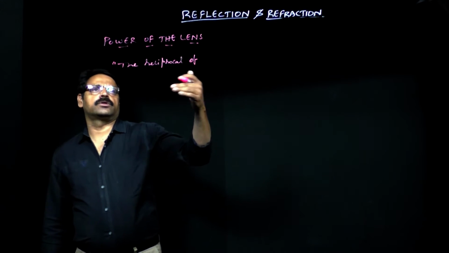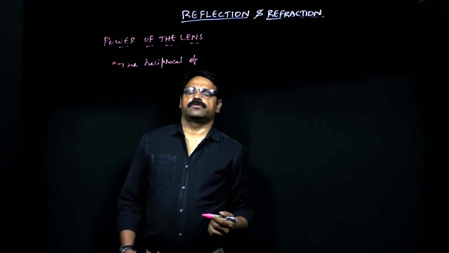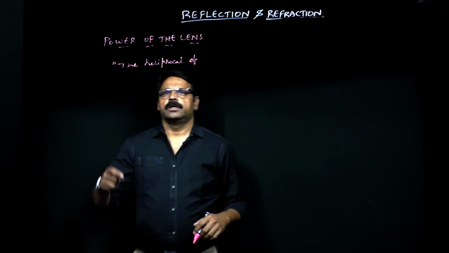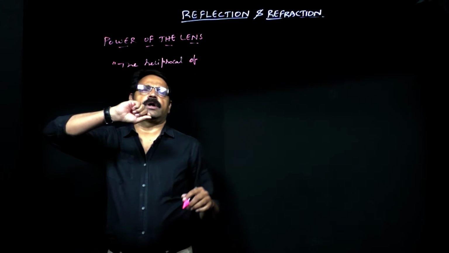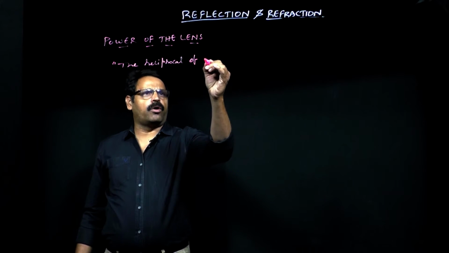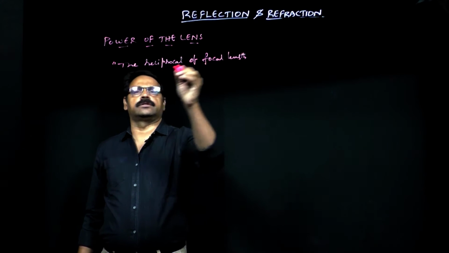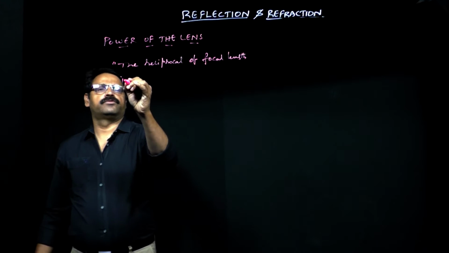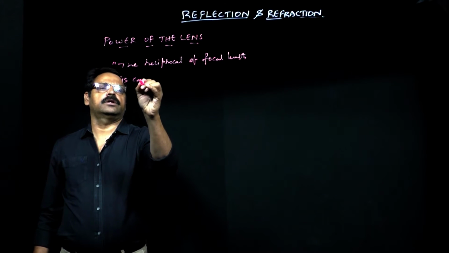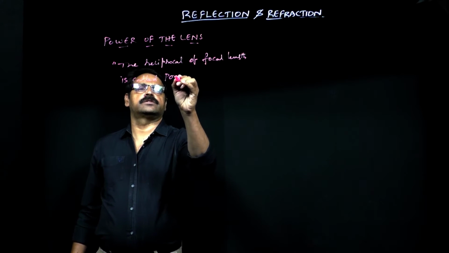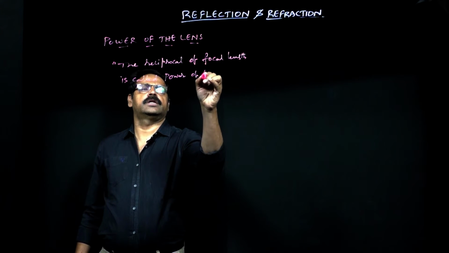Now we look at a concept called power of the lens, which we have already seen in case of mirrors, and here the same concept is valid. The reciprocal of focal length in meters is called power of the lens.